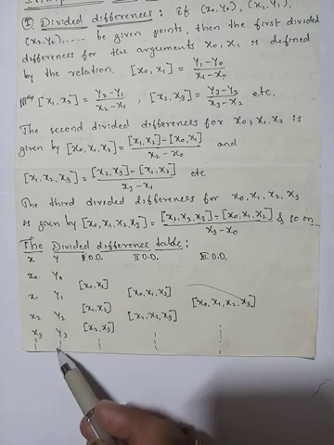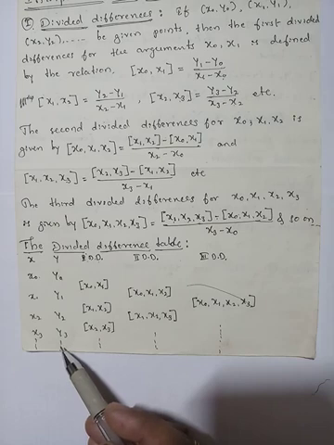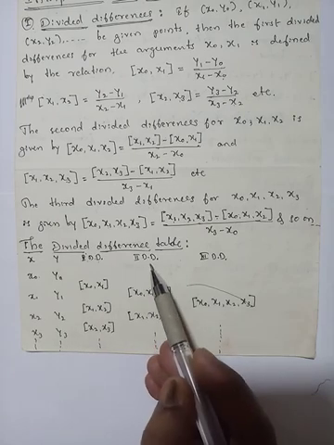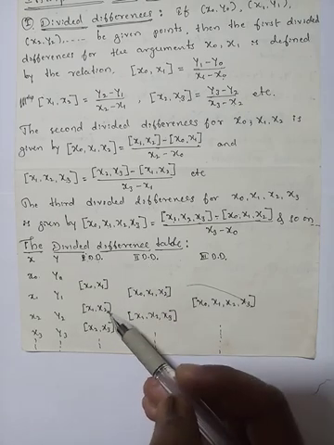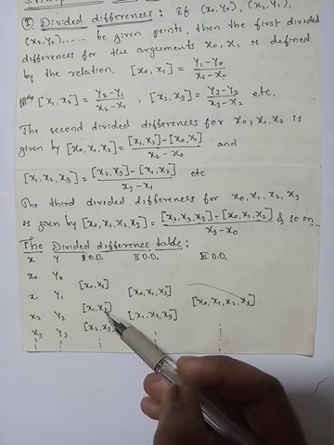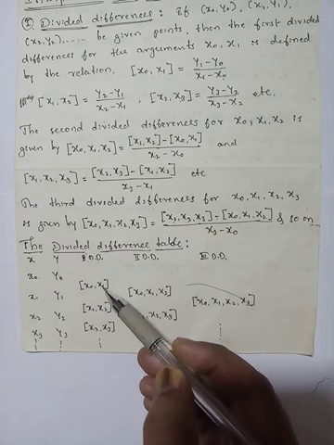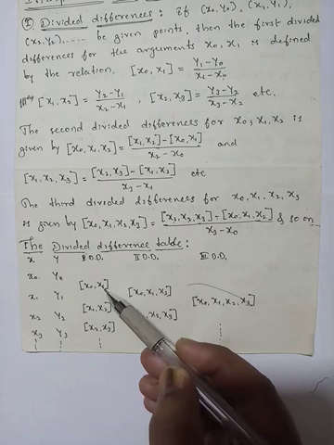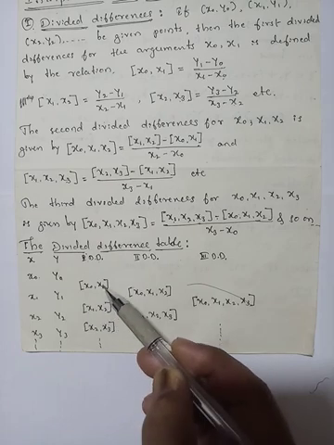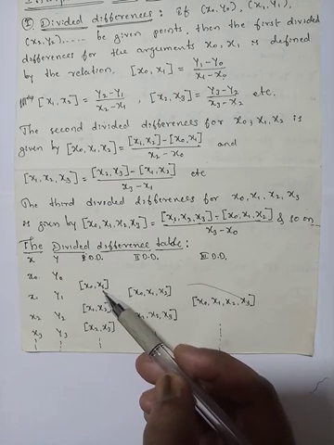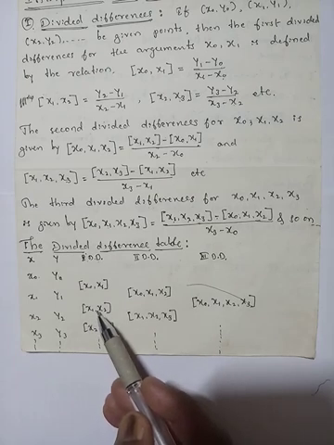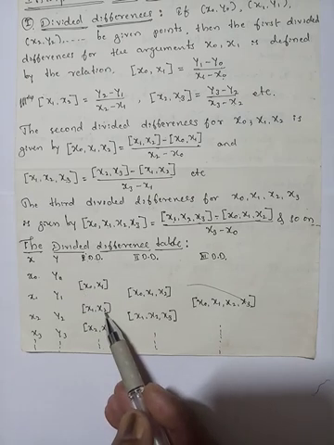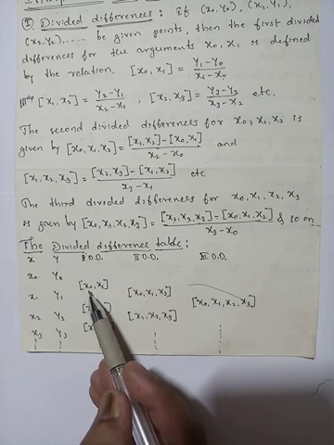Similarly, we continue this till the given values of x and y. Then the second divided differences are given by the value of [x1, x2] minus the value of [x0, x1], divided by, as we have, x2 minus x0.